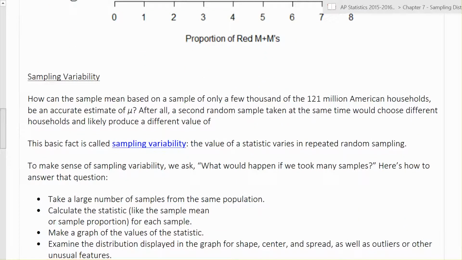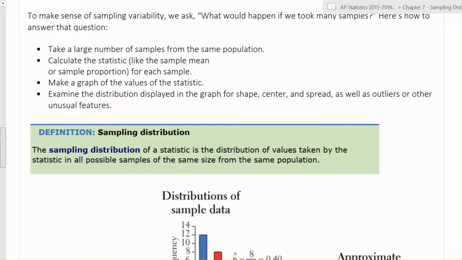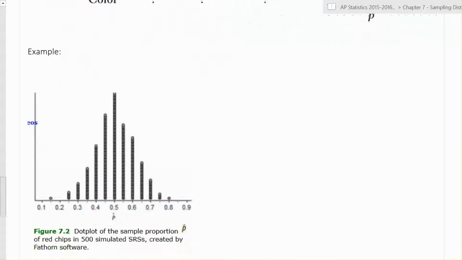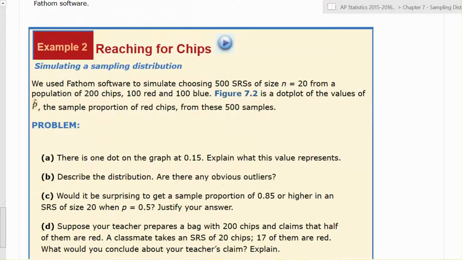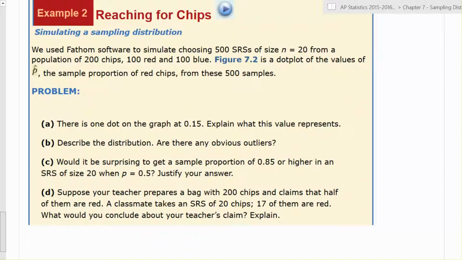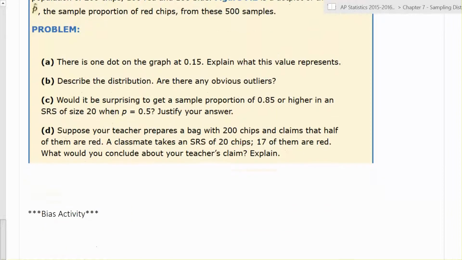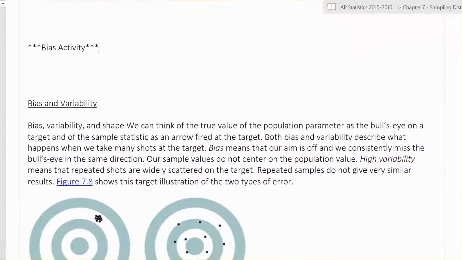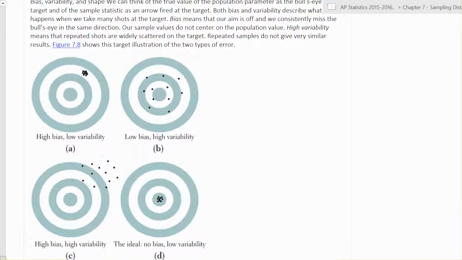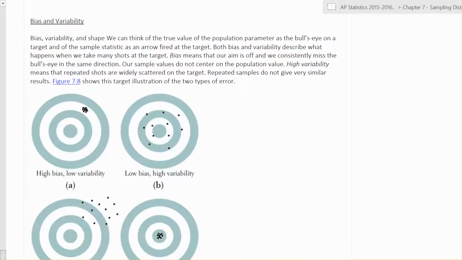We want to make a judgment about a larger population. So please read over the notes in the introduction to Chapter 7, and you'll have some chances to practice identifying the population, the sample, the parameter, the truth, and the statistics, reading in context. And then at the very end, you're going to see this summary of bias and variability and what it all means.